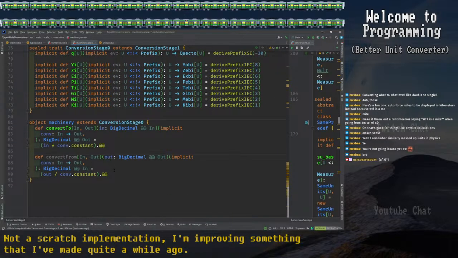Let's instead take convert from, turn it into another version of convert to, where we instead do invert conversion dot constant.